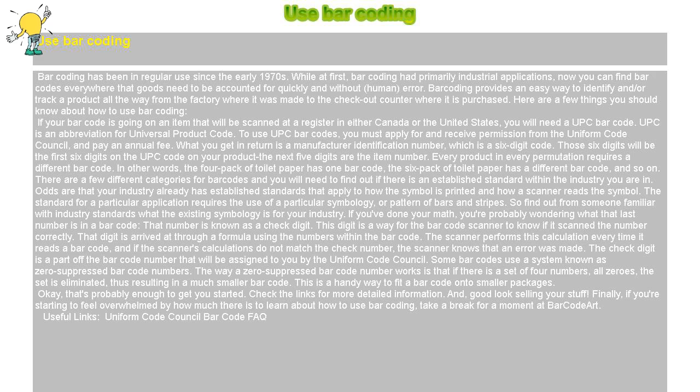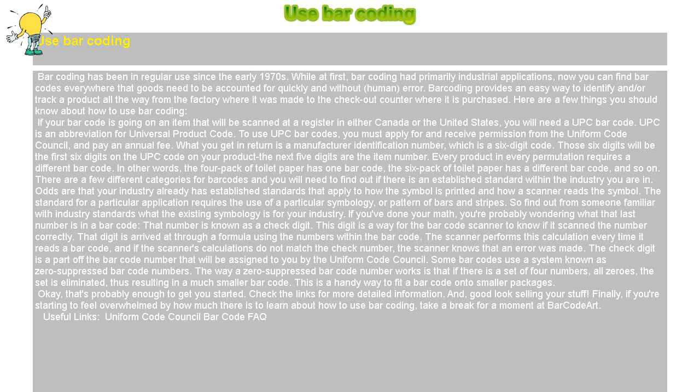If your barcode is going on an item that will be scanned at a register in either Canada or the United States, you will need a UPC barcode. UPC is an abbreviation for Universal Product Code.